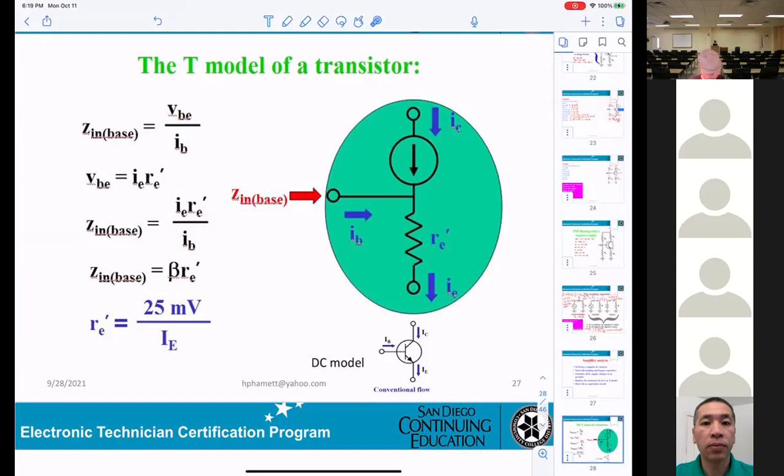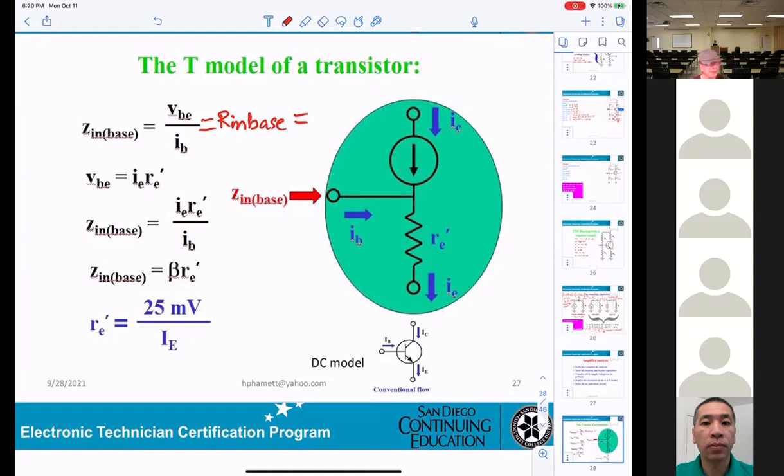Input impedance. Z in base, basically, is sometimes the same thing as R in base.